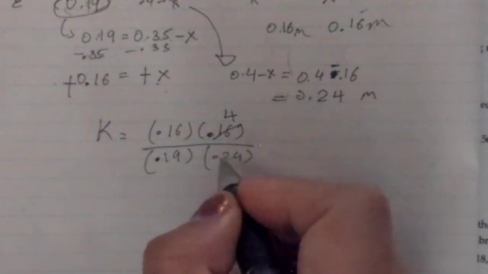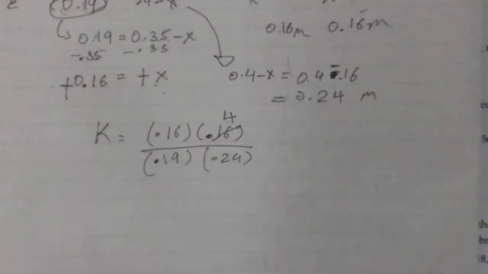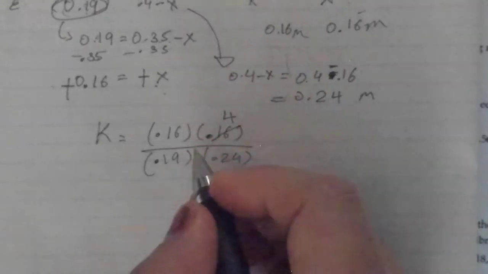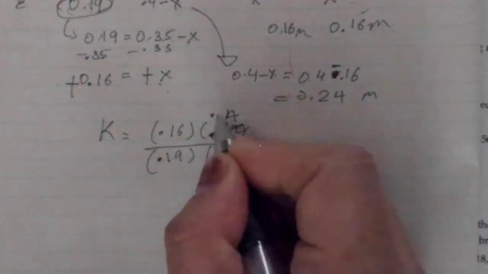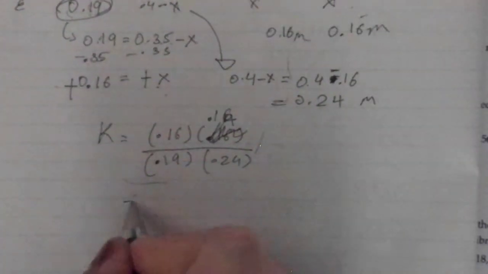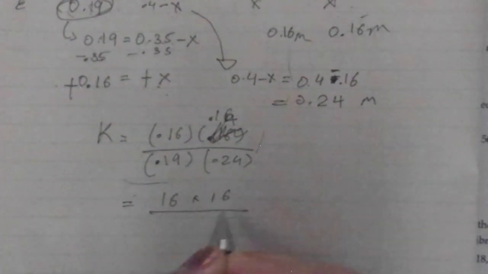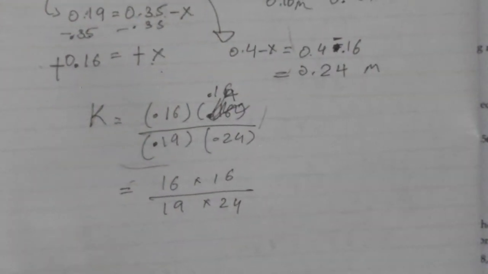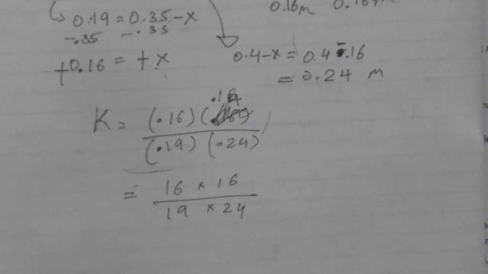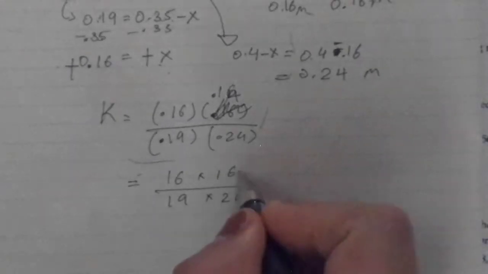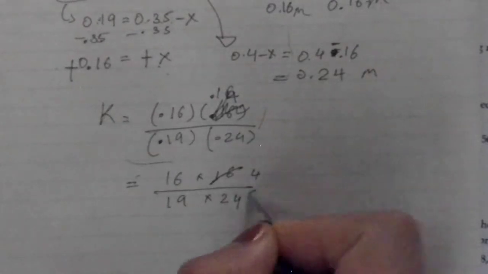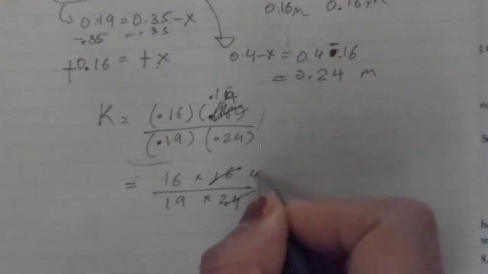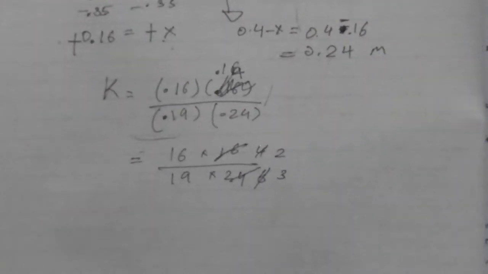When you have a decimal like this where both are two decimals, you can ignore it in the sense that you multiply them by 100. So we can write this whole thing as 16 times 16 divided by 19 times 24. You can imagine you multiply by 10,000. Dividing by 4 and 6, so that's 2, that's a 3.